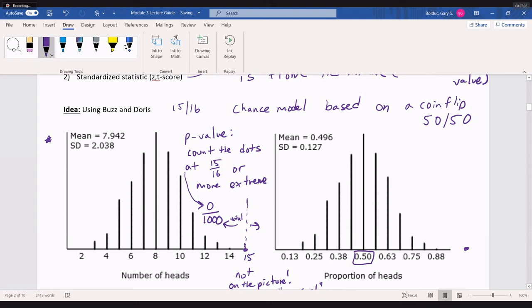And that 15 out of 16 is 0.9375. So the standardized statistic is going to help us measure that. How do we measure it? Well, just figure out how far away they are. Subtract them. And then there's a mystery piece to this, which we'll talk about in another video.